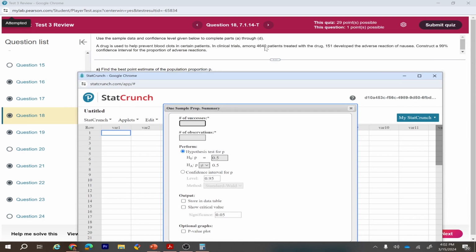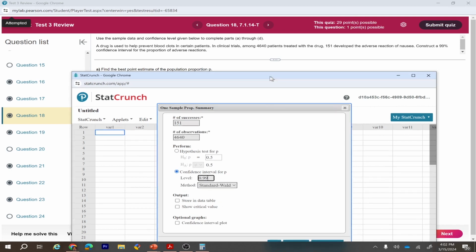Among 4,640 patients, that is the total number of observations. Out of that, 151 developed the adverse reaction. That's the success for this particular experiment.